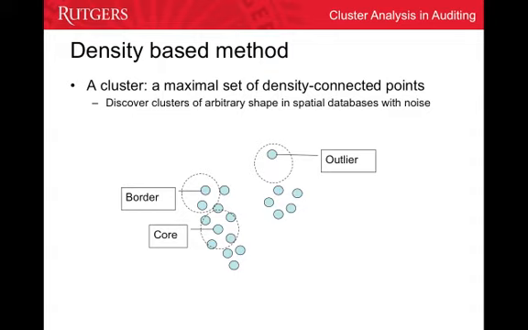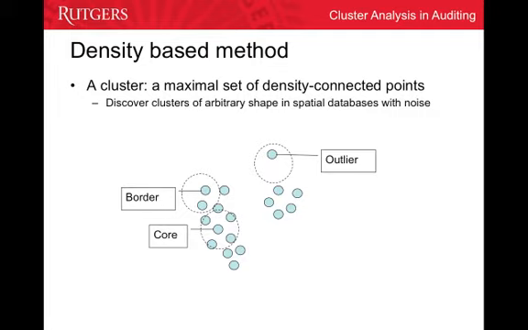The other type of points in the density-based method is called border points, like some points here. A border point is a point that is not a core point, because there are not enough points in its neighborhood, but it falls within the neighborhood of a core point. The third type of points is called noise points.